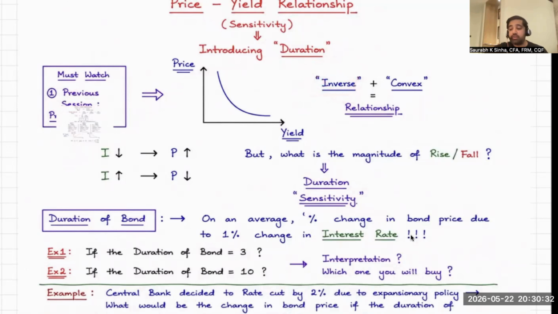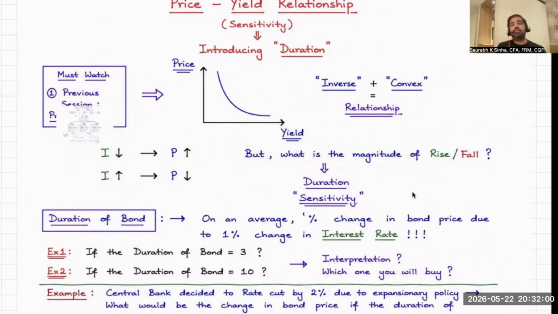The second concept that we established was that this relationship is not linear. It is convex. Definitely, it is inverse, but it doesn't mean it is linear or a straight line. It is convex. Today, we will build on that understanding. Therefore, it is necessary that you go back and watch the previous session on the price yield relationship.